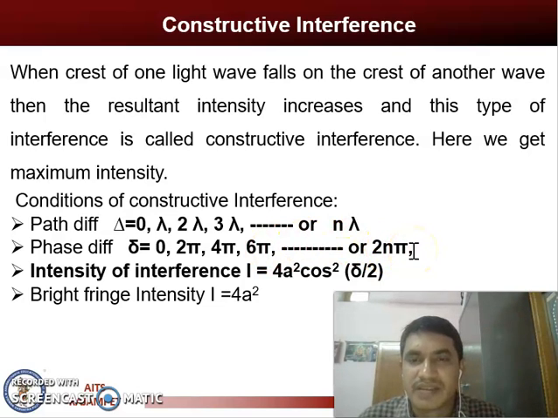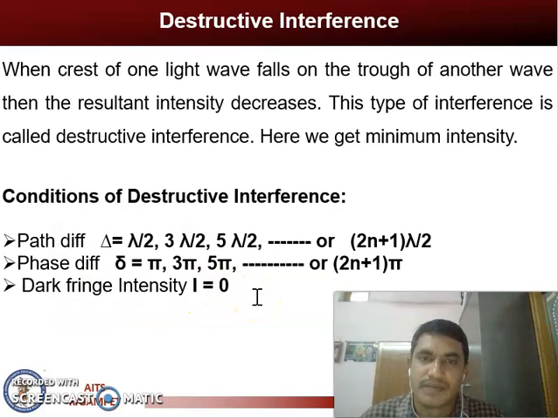The intensity of interference due to constructive interference is I equal to 4a square cos square of delta by 2, where delta is the phase difference. For a bright fringe, the intensity I is equal to 4a square.